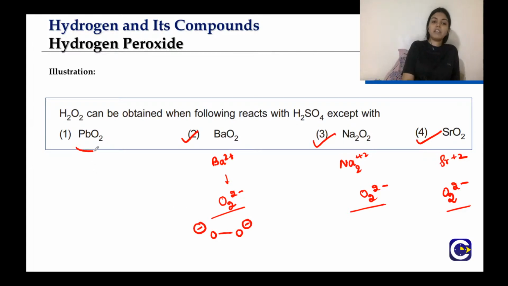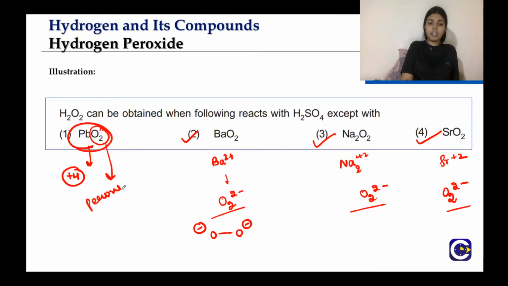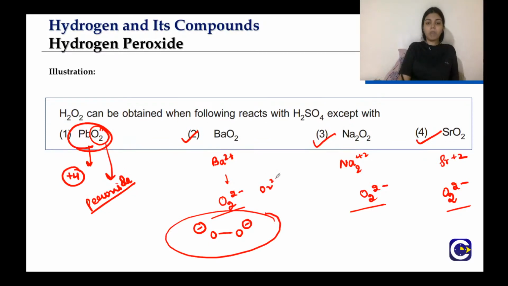But if you consider PbO2 here, lead is in +4 oxidation state. That means the O2 that is present here is not a peroxide linkage. The peroxide linkage is present as O2 2 minus. So BaO2, Na2O2, and strontium peroxide all have the peroxide linkage. Therefore, they react with H2SO4 to give you H2O2.